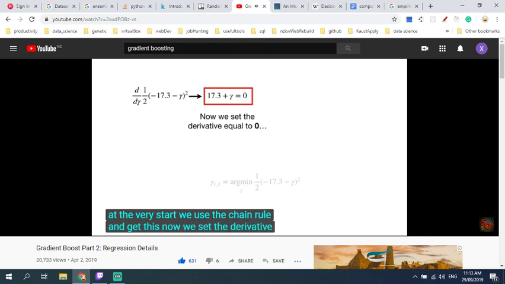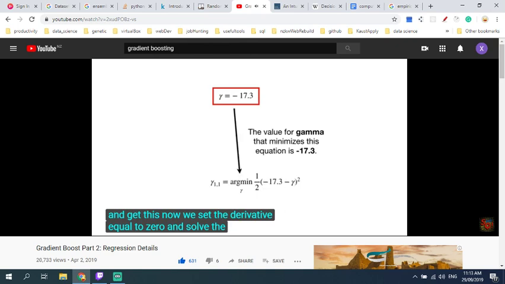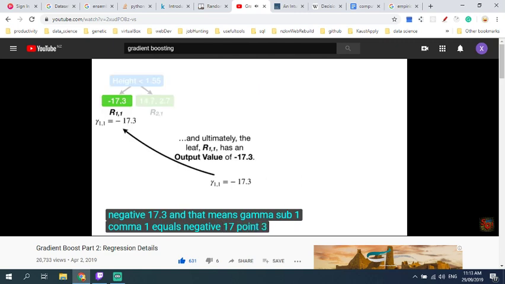Now we set the derivative equal to 0 and solve. The value for gamma that minimizes this equation is negative 17.3. And that means gamma sub 1,1 equals negative 17.3. And ultimately, the leaf r sub 1,1 has an output value of negative 17.3.